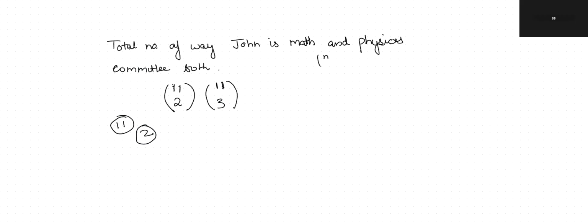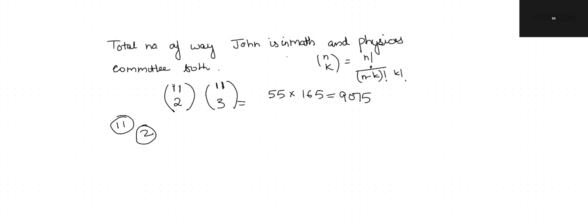Again using this formula, n choose k is factorial n divided by factorial n minus k, divided by factorial k. We calculate this. 11 choose 2, we get 55. And 11 choose 3, we get 165. So it is 9075. This is the total number of ways where John is in math and physics, both committees.